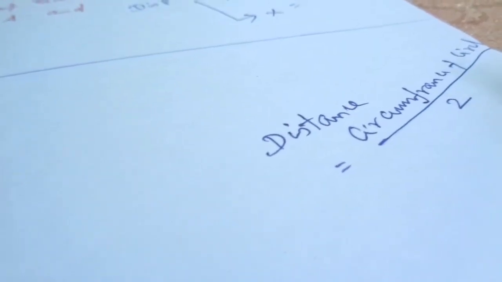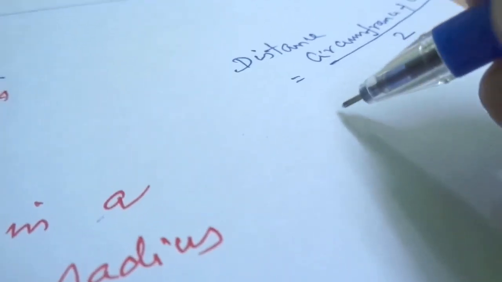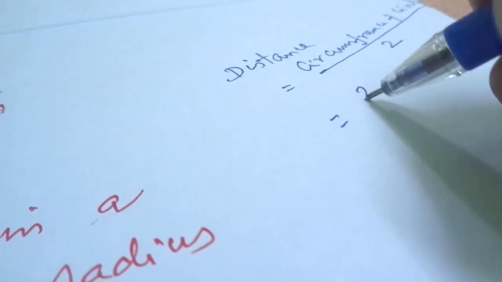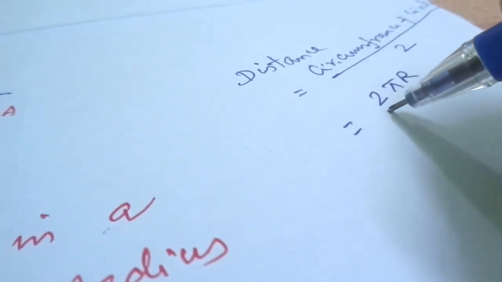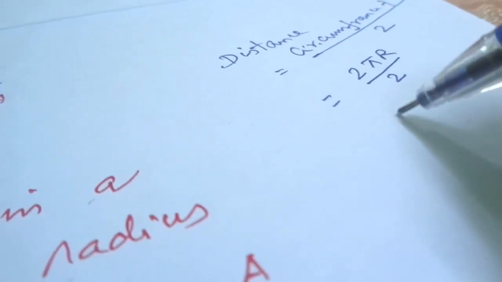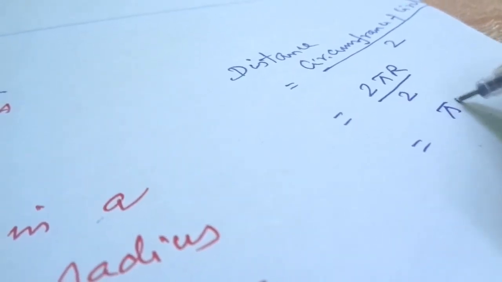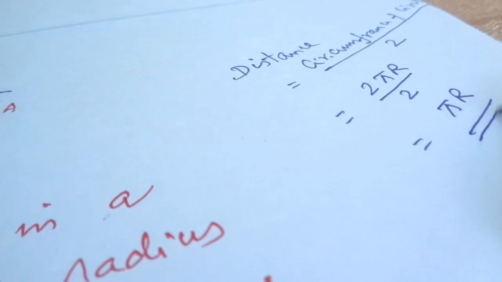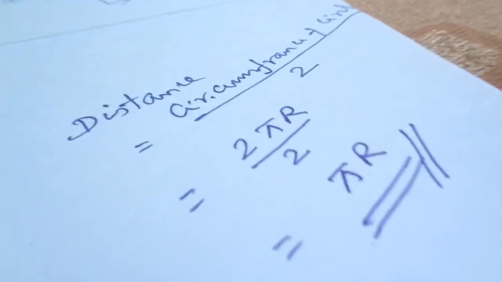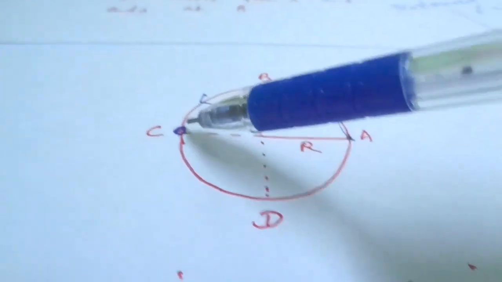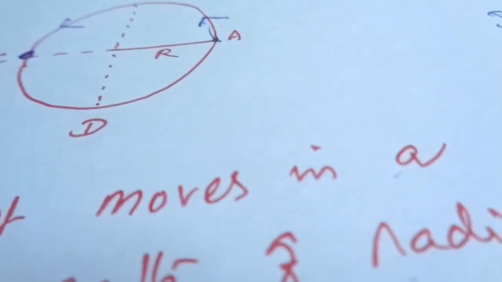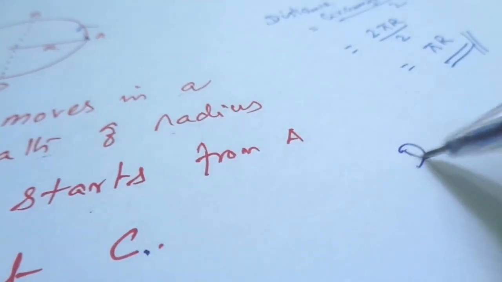That's half of the circle. That is 2 pi r, the circumference of the circle, by 2. It becomes pi into r. This is the distance covered by the object from A to C.